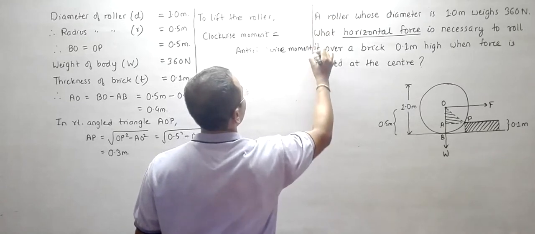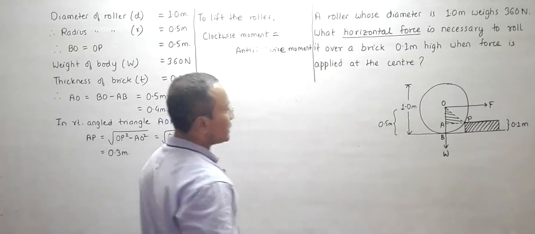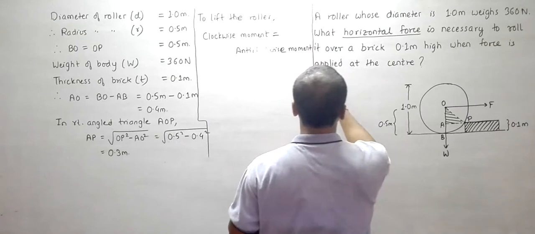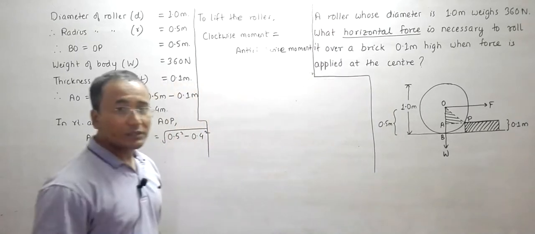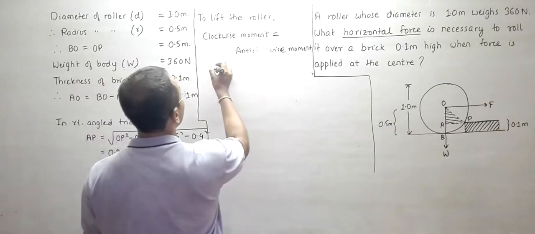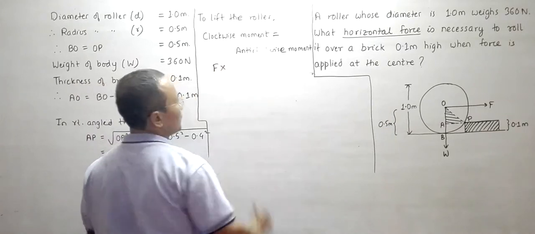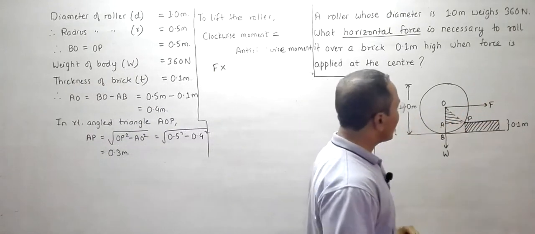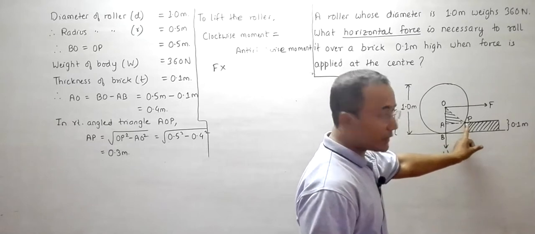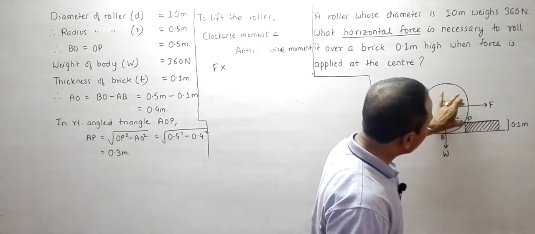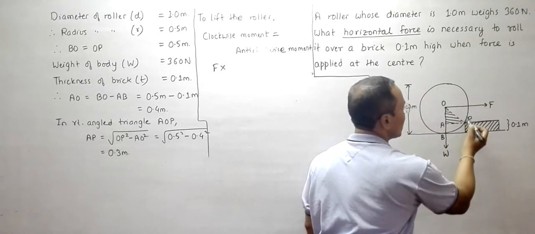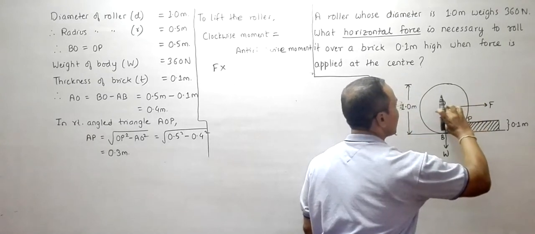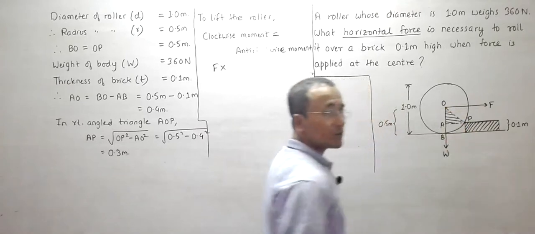So we must have here the clockwise moment is provided by the force F and the anti-clockwise moment is provided by the weight W. So this should be F into, this is the fulcrum, F into the perpendicular distance, and that's equal to AO.